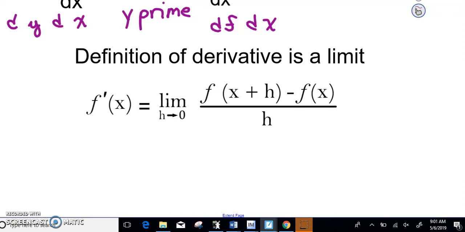When you get into calculus, we're going to spend a lot of time on that and actually work out the problems using that limit, because you want to make sure you're good with how that works. But in this class, we're not going to go there. That's going to take too much time right now. So you'll see that in calculus.